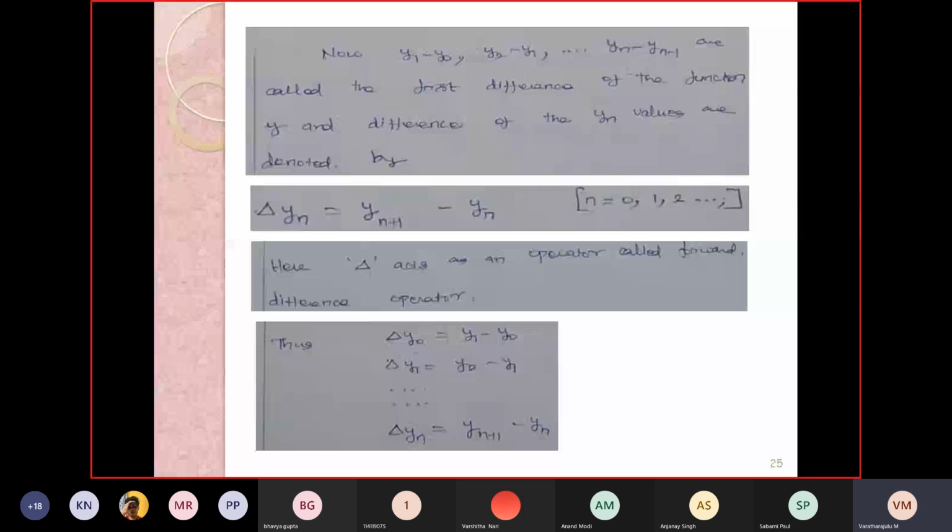Here delta acts as an operator called the forward difference operator. Thus delta y0 is equal to y1 minus y0. Similarly, delta y1 is equal to y2 minus y1 and so on. Delta yn is equal to yn plus 1 minus yn.